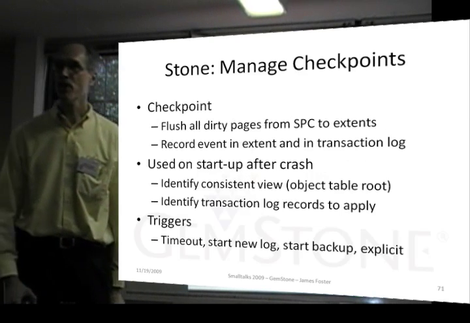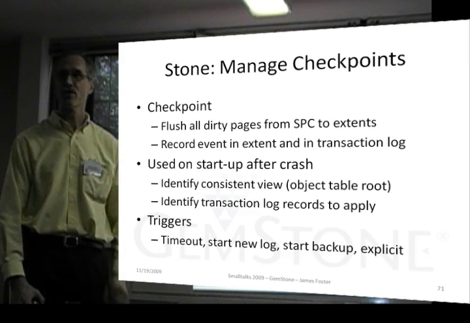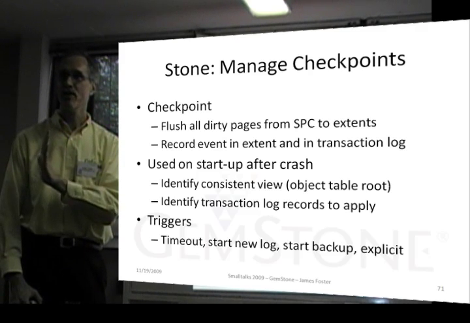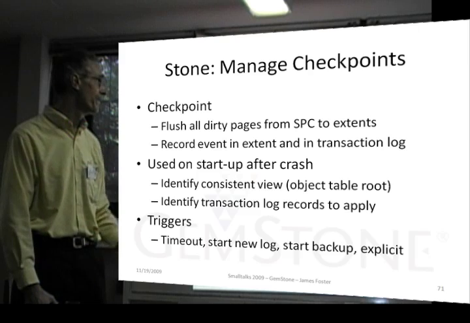The stone manages checkpoints. Checkpoints flush all the dirty pages from the shared page cache to the extent, at least all of them associated with a particular checkpoint, a particular commit record.